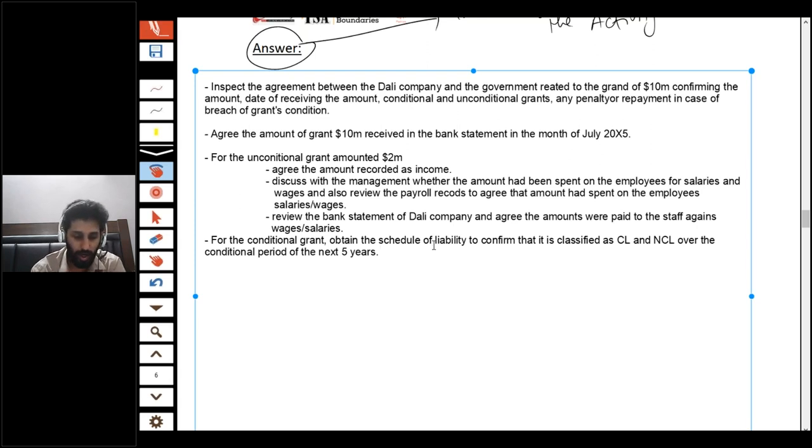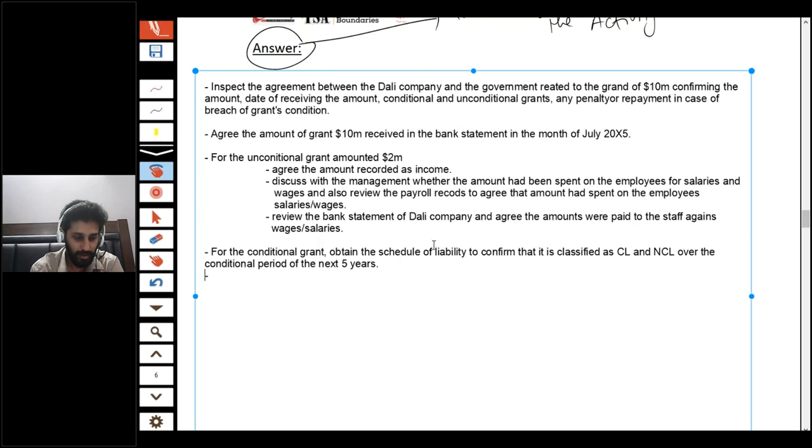Right now, what should be the next procedure? The next procedure should be the initial recognition of that government grant.